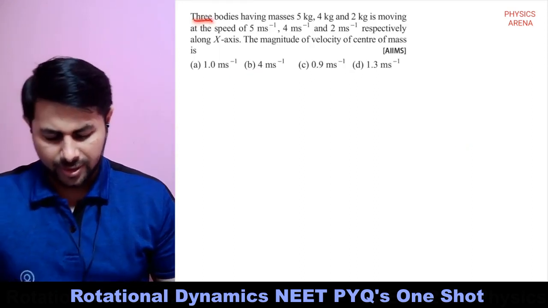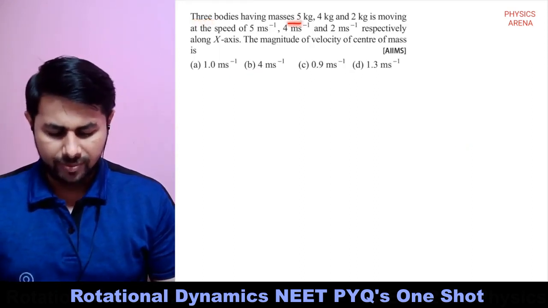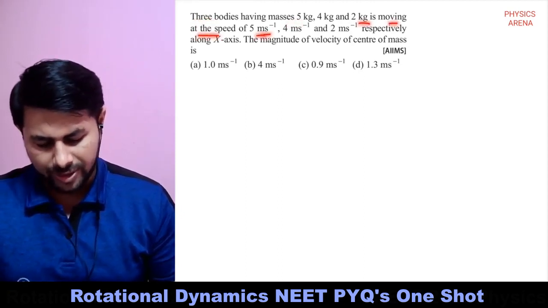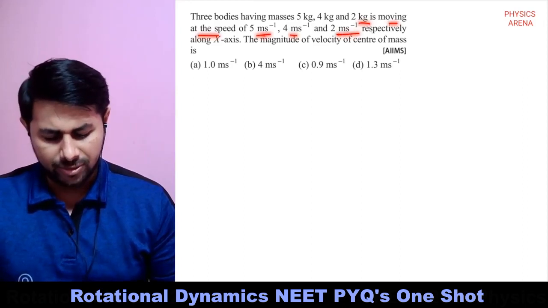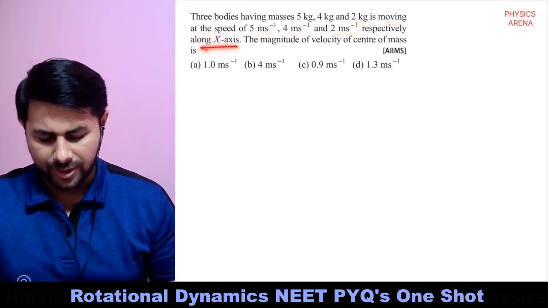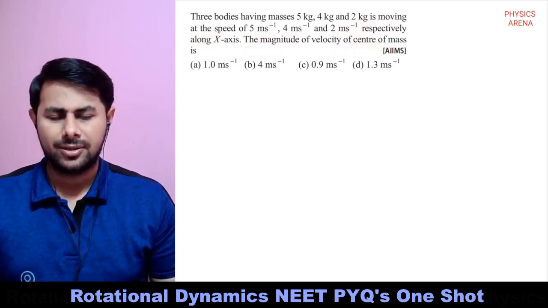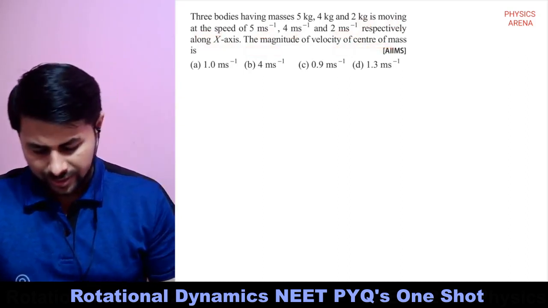The next one: three bodies having masses 5 kg, 4 kg, 2 kg are moving at speeds of 5 meters per second, 4 meters per second, and 2 meters per second respectively along the x-axis. The magnitude of velocity of center of mass is. So again, this is simple.